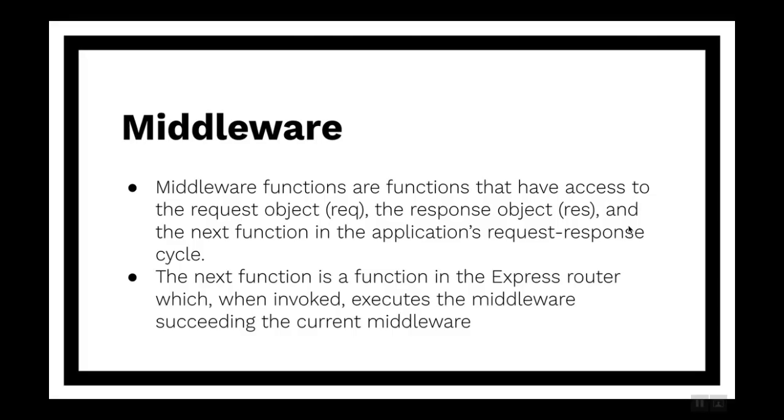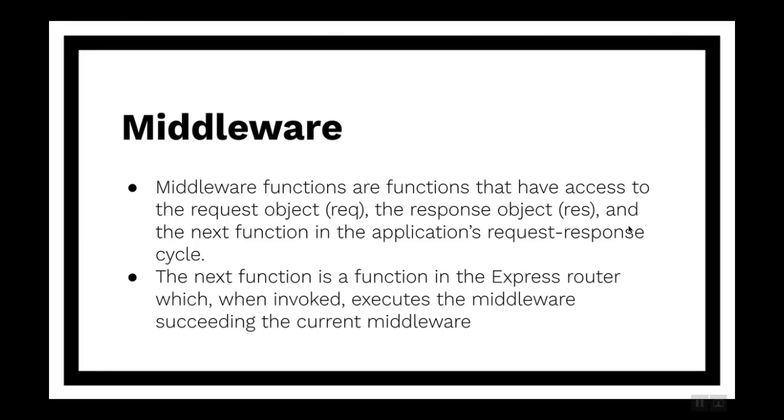Middleware has access to the request and response objects, and they can access the next function of the request and response cycle as well. A few of the most important tasks for middleware are to execute any code, make changes to request and response objects, end the request and response cycle, and also call the next middleware in the stack.